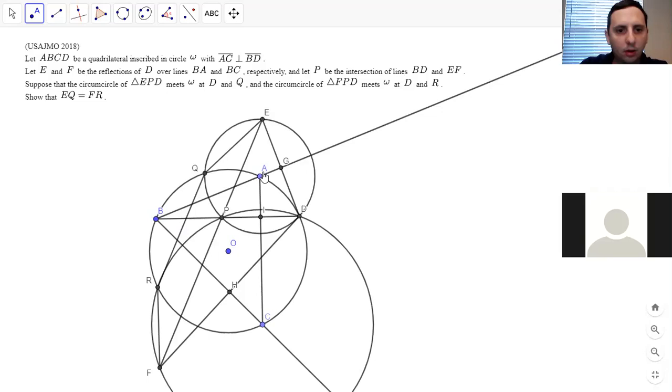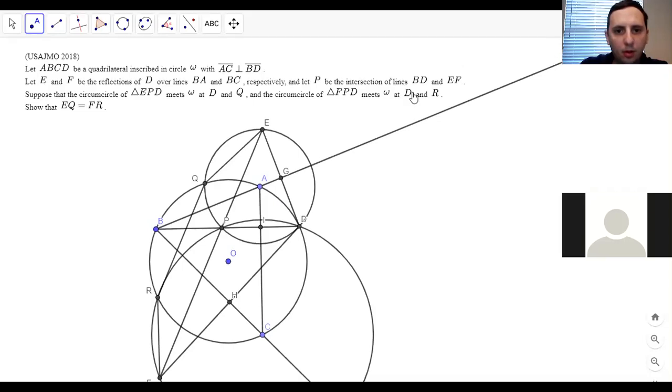And is it obvious that AD equals AP? P is a reflection of D across AC. Okay, so we're using the Simpson line.